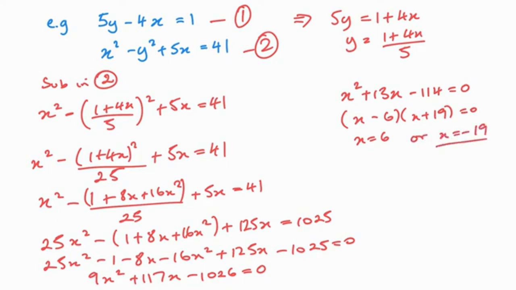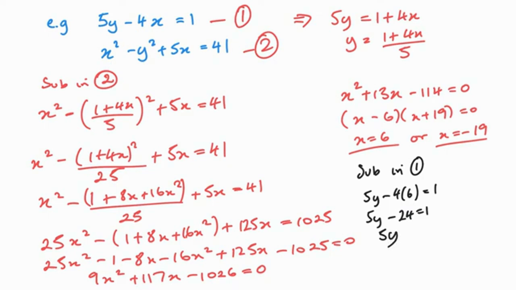Now I've got my x values, I need to find my y values. So I'm going to substitute into equation 1. I'm just going to write in black so it stands out. So we got 5y minus 4 lots of 6 equals 1. So that's 5y minus 24 equals 1. 5y equals 25, y equals 5.